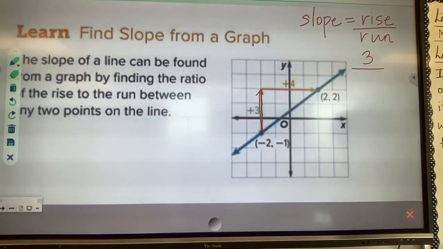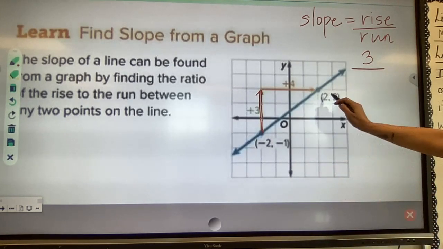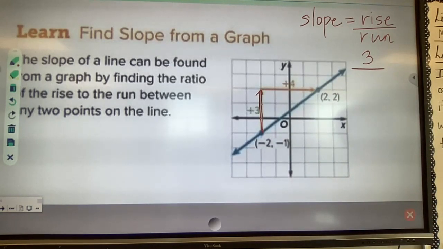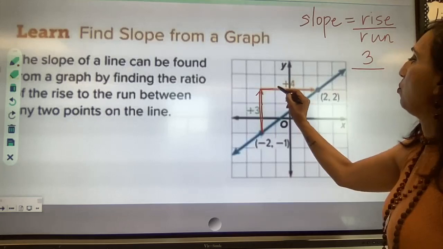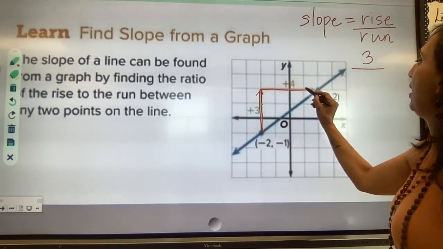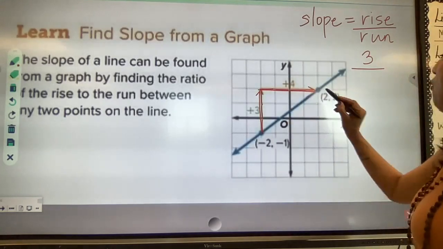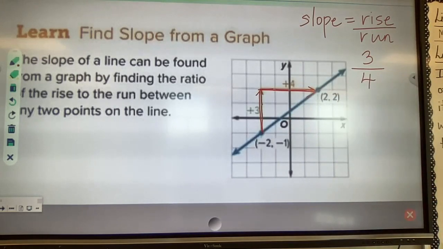And then let's look at my run, which is going to be my horizontal change between -2 and 2. Okay, so if I'm talking about my horizontal change, this is 1, 2, 3, 4. So a total of 4. Therefore my rise over run is 3/4.